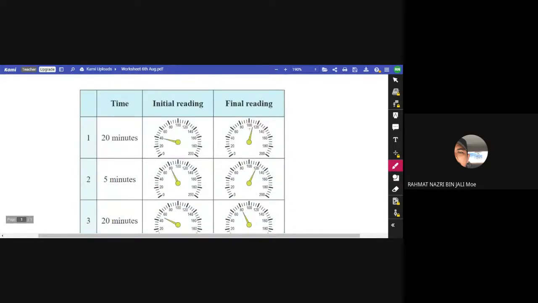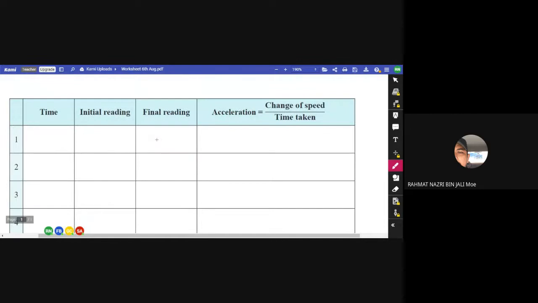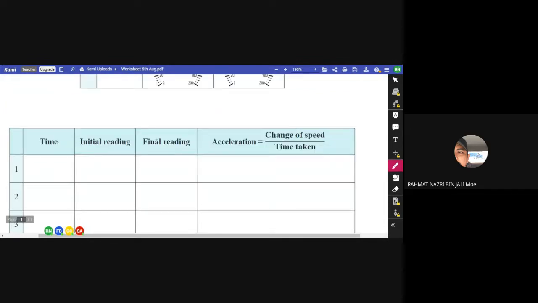Let me give an example. For the time, 20 minutes. Initial reading is, we start from 0, 0, 20, 40. So we have 40 here.